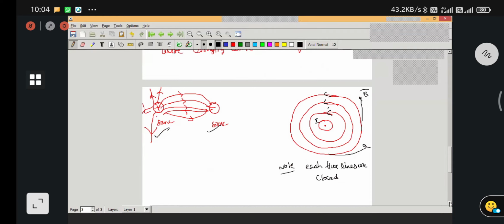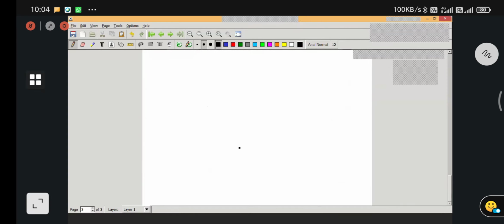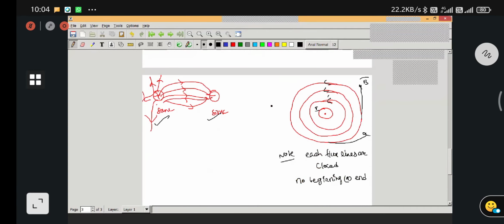What I am writing next: no beginning or end, in the magnetostatic field. Just comparing the magnetostatic field with the electrostatic field, each flux line is a closed path, with no beginning and no ending.